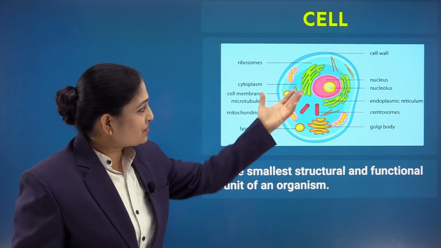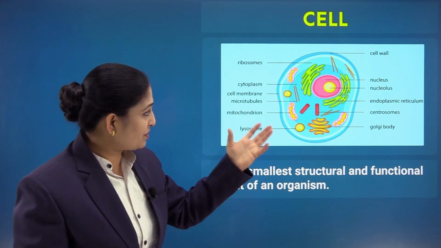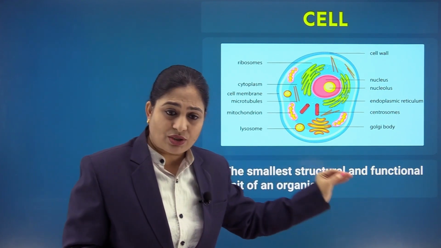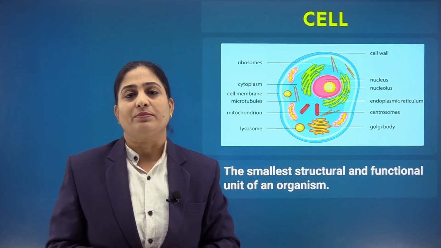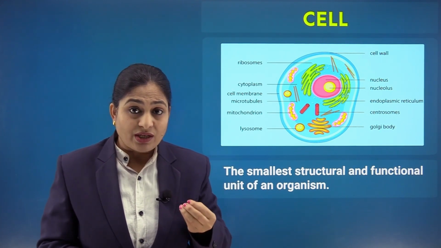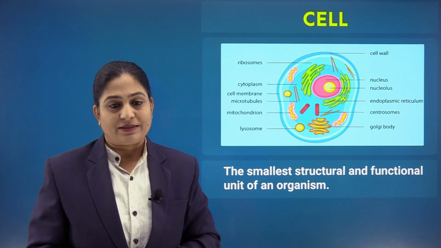This is the structure of a cell, you can see. We have already studied the structure of a cell in previous classes. What is a cell basically? It is the smallest structural and functional unit of an organism. This cell produces energy when decomposition of complex food takes place.